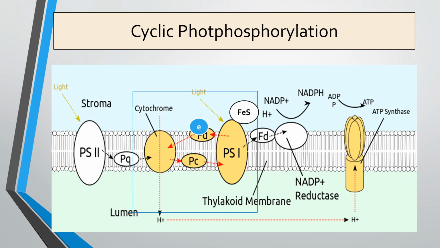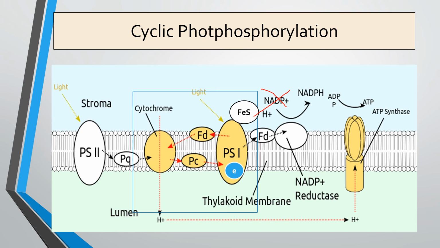As there is no NADP plus molecule to accept the electron, it will go to the cytochrome complex, PC, and return back to its ground state where it began, at the chlorophyll P700.